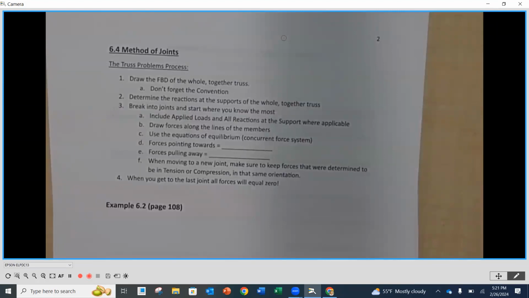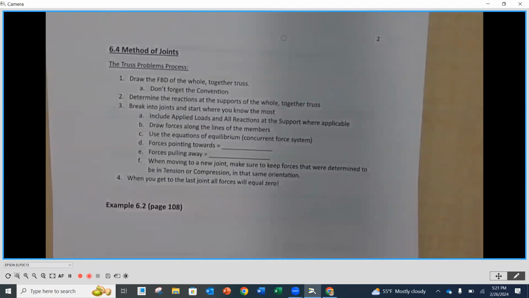We're going to use our equations of equilibrium. We have concurrent forces. Now, what is a concurrent force system? What is something special about a concurrent force system? We talked about it in, I want to say module 2 and module 4. Do we remember? Or no, module 2 and 3.